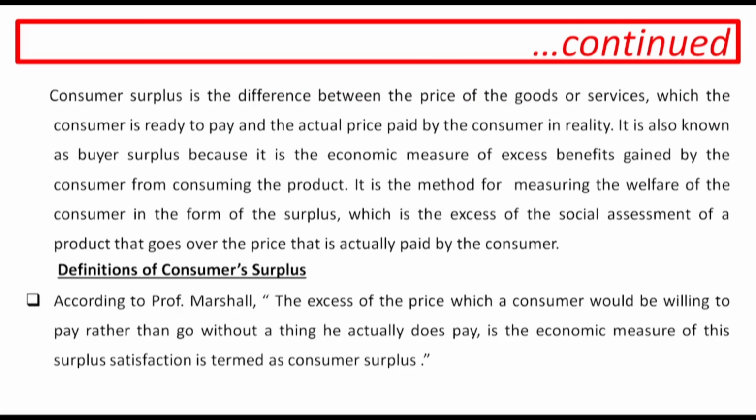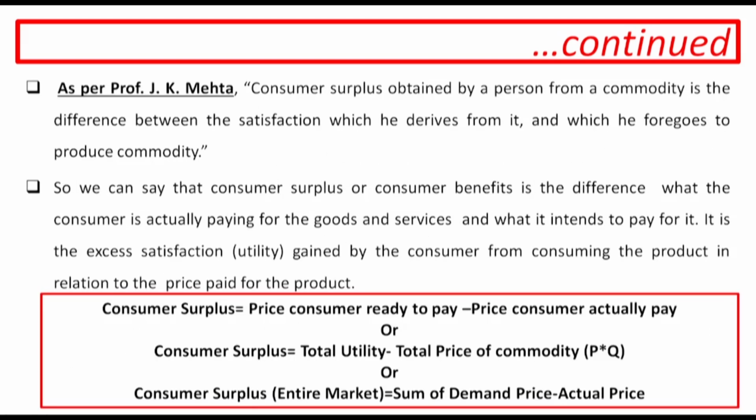Definition of consumer surplus: the excess of the price which a consumer would be willing to pay rather than go without a thing over that which he actually does pay is the economic measure of this surplus satisfaction, termed consumer surplus.